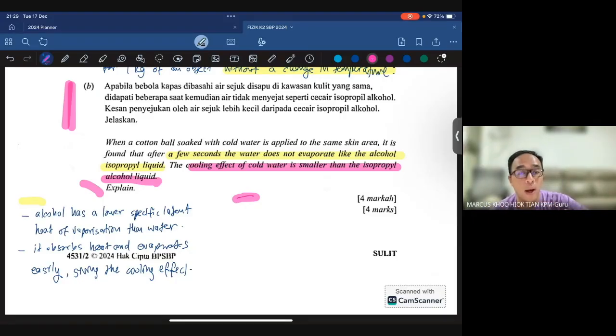So why is it that the cooling effect of cold water is smaller? Why is cold water not as cold as alcohol? We need to remember this. Before anything vaporizes, it has to reach a certain temperature. It has to reach the boiling point. The boiling point of water is 100. The boiling point of alcohol is way lower.